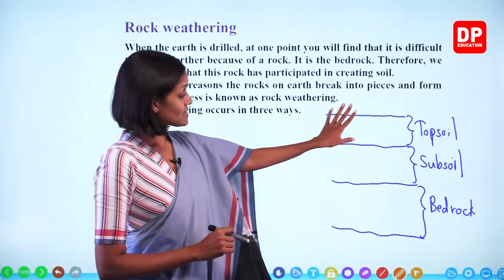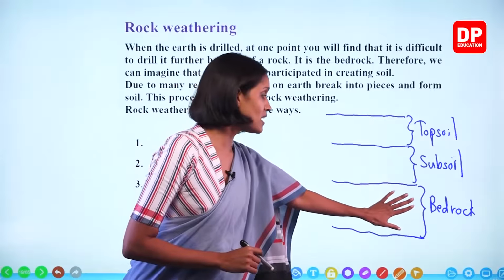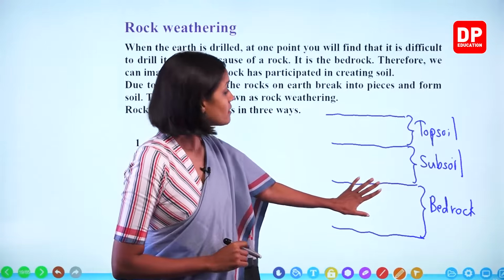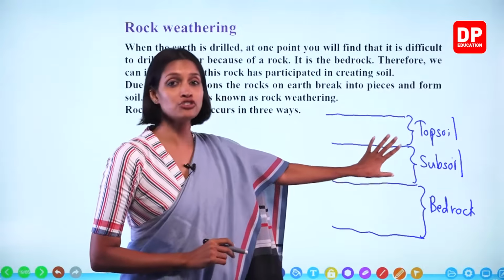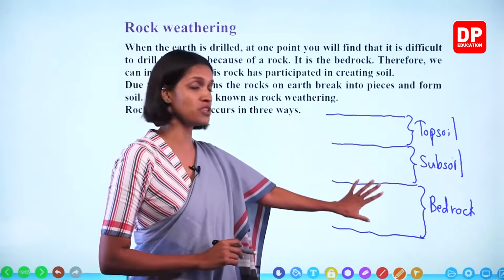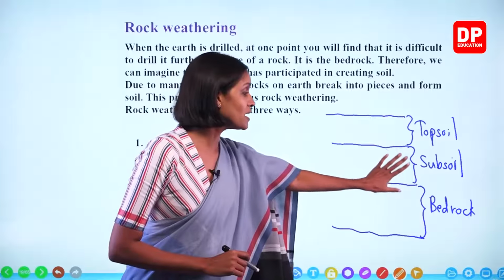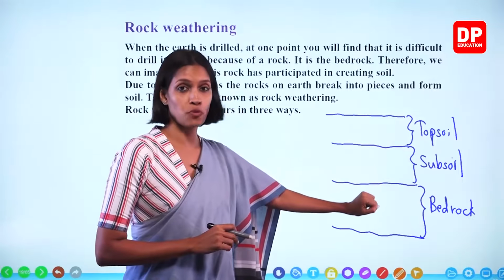Now, during that lesson, I explained to you all that the bedrock layer is made up of completely hard rocks. Right? Subsoil layer is a mixture of soil and rocks. Pieces of rocks also there. So there I explained that subsoil layer is formed by breaking down of this bedrock and soil is formed.